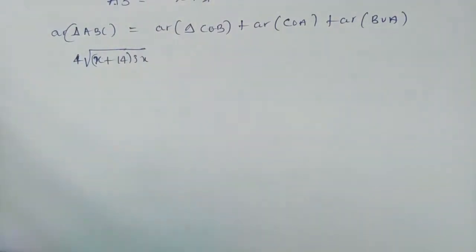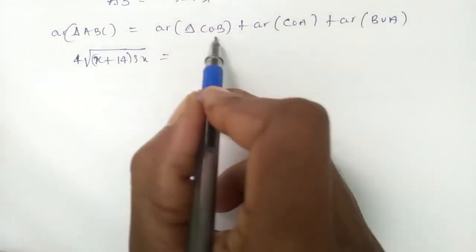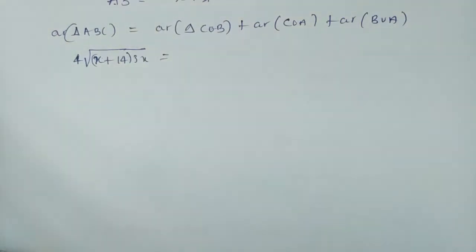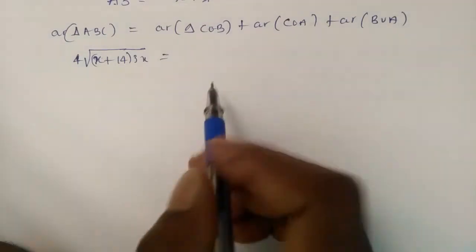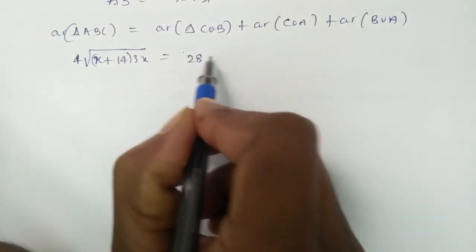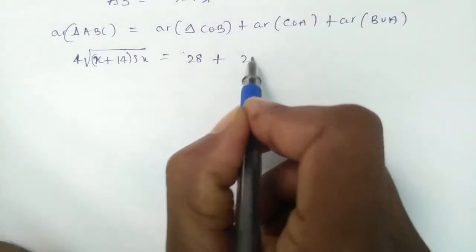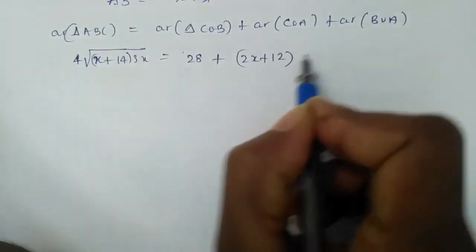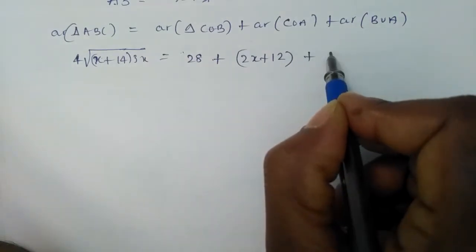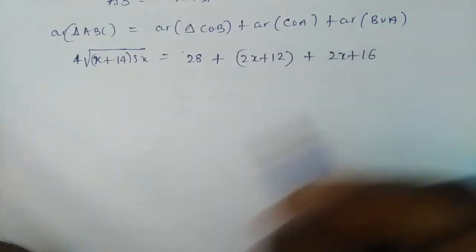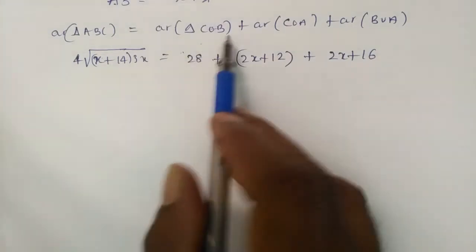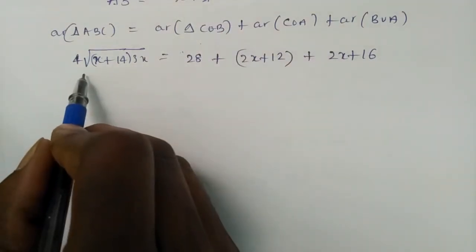This is equal to the area of the first smaller triangle, that is 28 we got, plus the second one 2x plus 12 we got, the third one 2x plus 16 we got. These are the areas of the three sub-triangles.